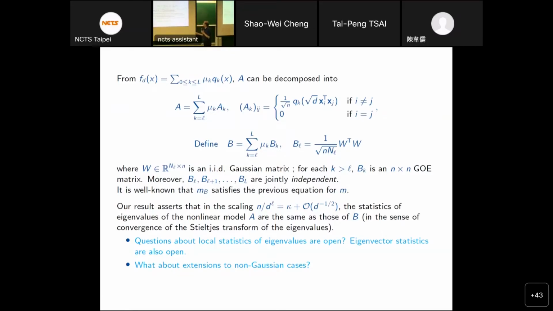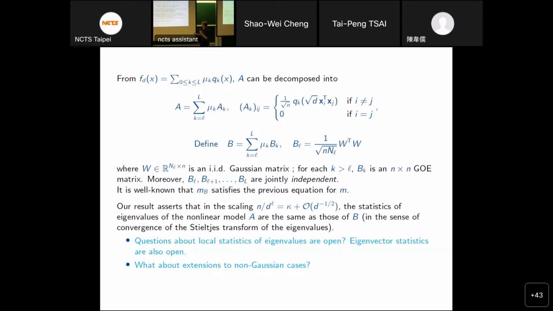The meaning of this result is the following. If you take this nonlinear function and decompose it into orthogonal polynomials with coefficients mu_k, then you can rewrite this nonlinear matrix as the sum of mu_k times A_k. Each A_k is given by the inner product with the orthogonal polynomial here.